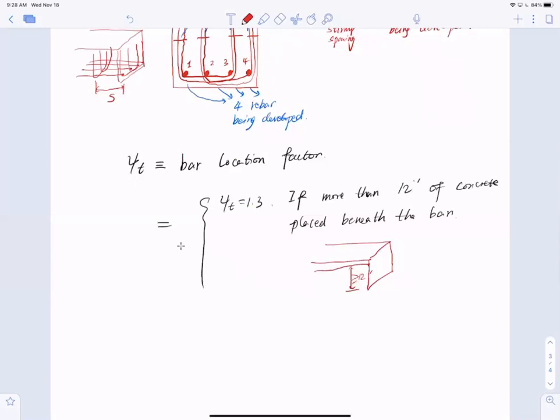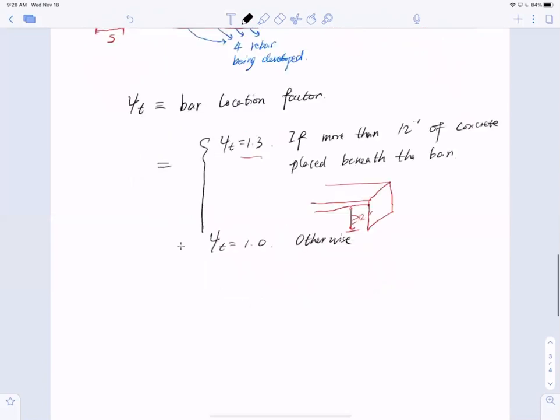Hence, it is 1.3. But if I don't have that, if I pour the normal way, phi t is just 1.0. If I pour it the other way, I have a very small concrete cover underneath it. I'm not sure about the quality of the concrete, so that's going down.